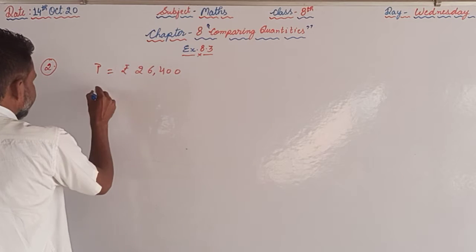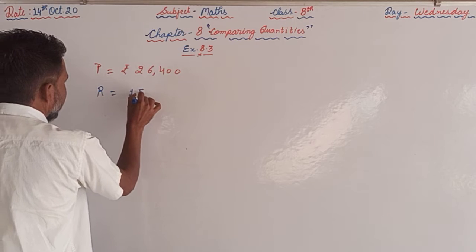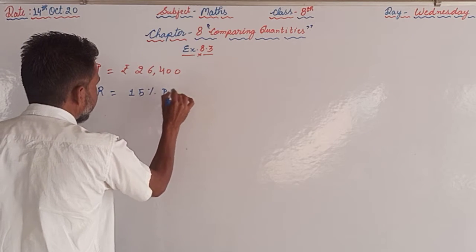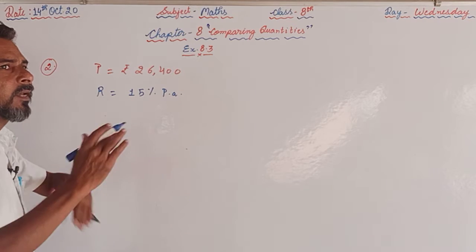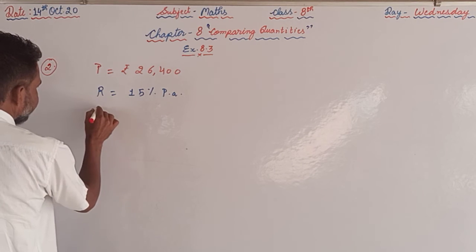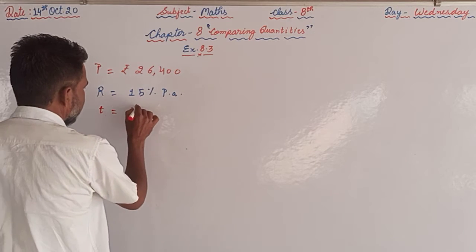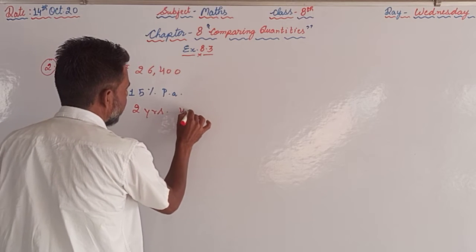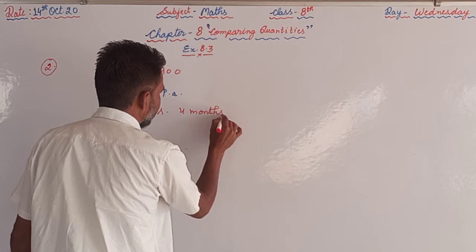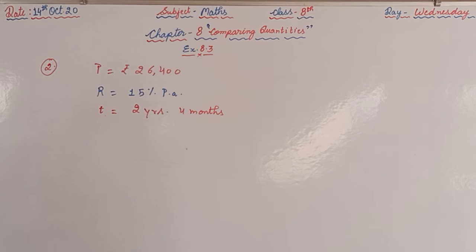The rate is 15% PA. PA means per annum, means annually. Afterwards the time is given for 2 years and 4 months. How much amount will she pay at the end of 2 years and 4 months to clear the loan?